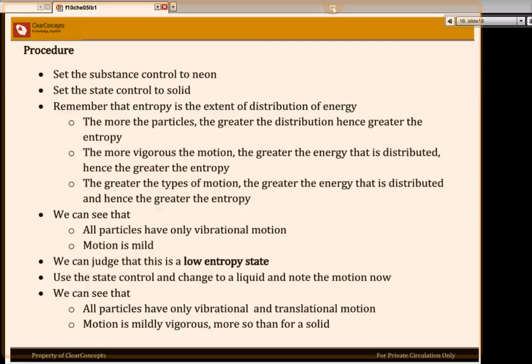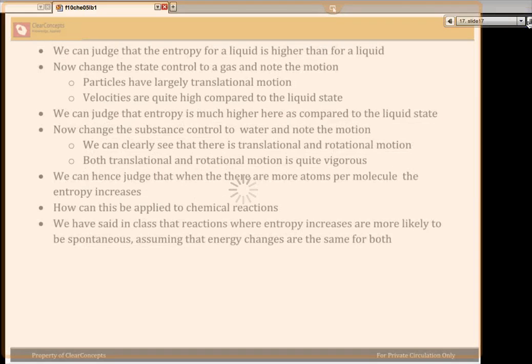The more particles it is distributed over, the greater the entropy. The more the modes of translational as well as rotational motion, that's how the energies are distributed, the more the entropy. If you have that much of an idea, that's enough for now. Okay? But that's a good question.